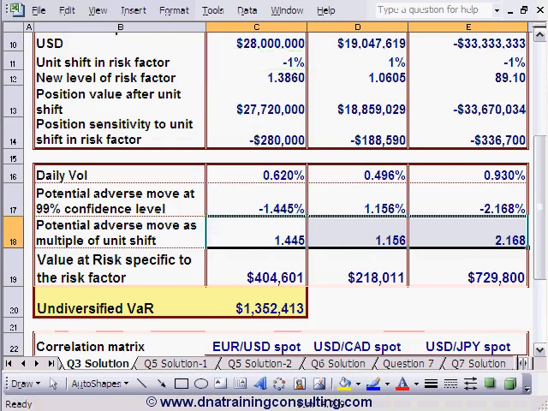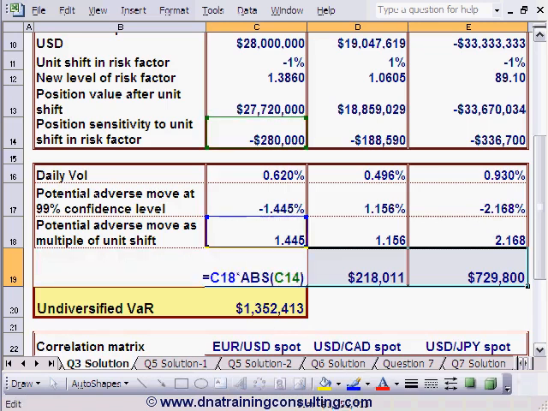Finally, the individual VARs in cells C19 to E19 are calculated as the worst adverse potential movements expressed in multiples of unit shifts multiplied by the absolute value of the position sensitivity to shifts in risk factors.